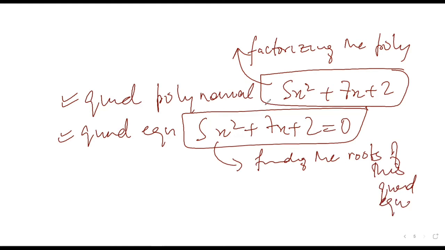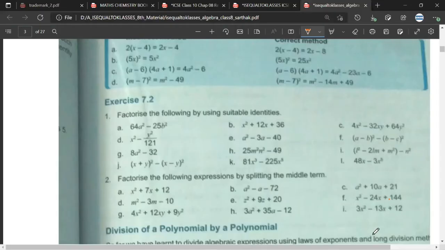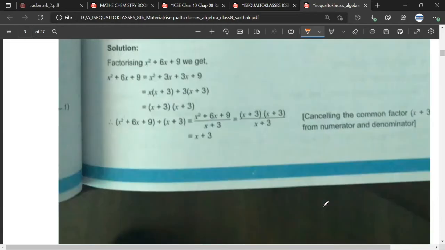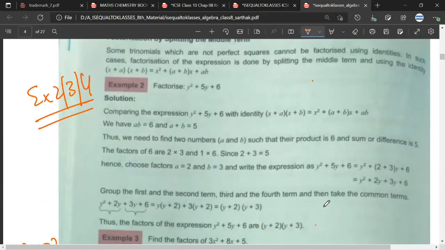Mr. Sarthak, are we clear till here? Yes. See, this topic would again come in class 9. Then they will ask you to find the roots of a quadratic equation. More or less, both of them are same. Are we clear till here, Mr. Sarthak?